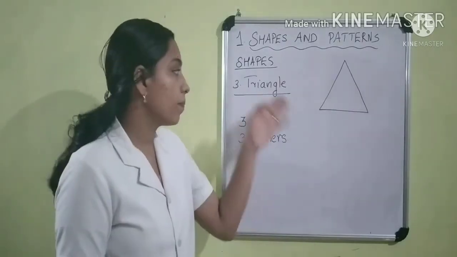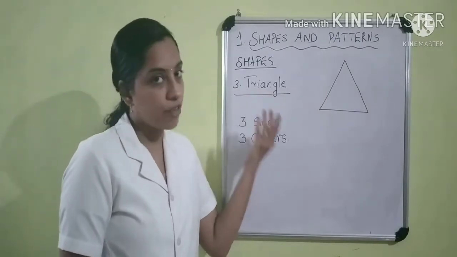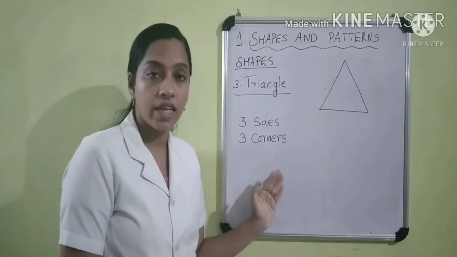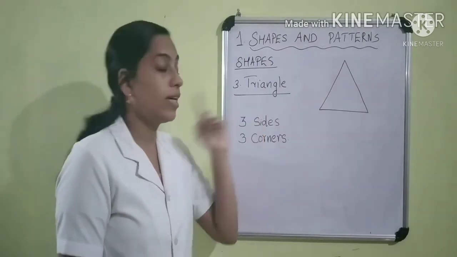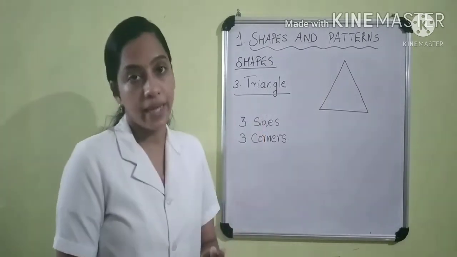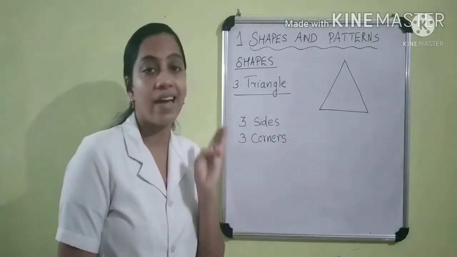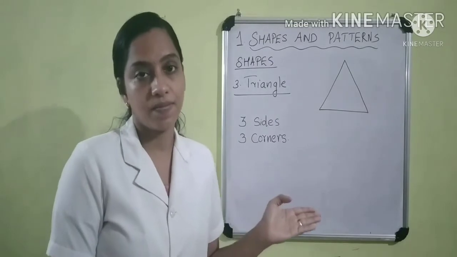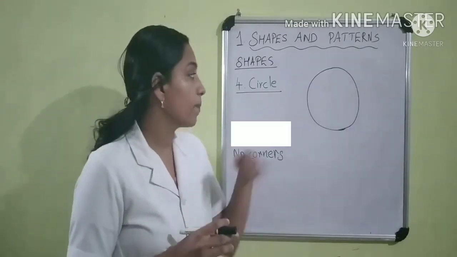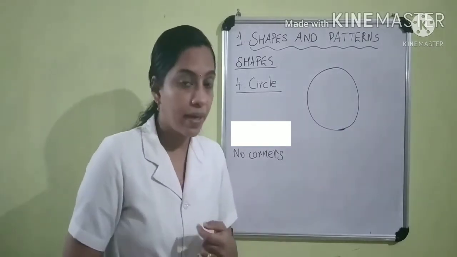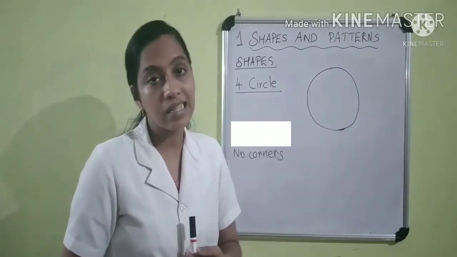The next shape, triangle. We know a triangle has 3 sides and 3 corners. The word tri implies 3. That is, a triangle has 3 sides and 3 corners. Okay, the next shape, circle. It is round in shape. Then tell me how many corners a circle has.